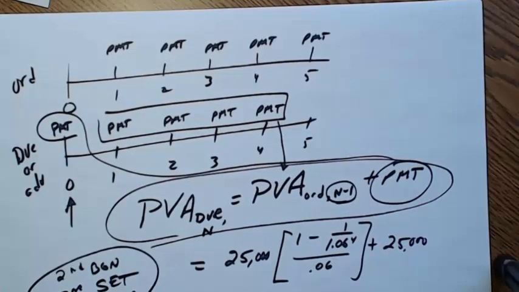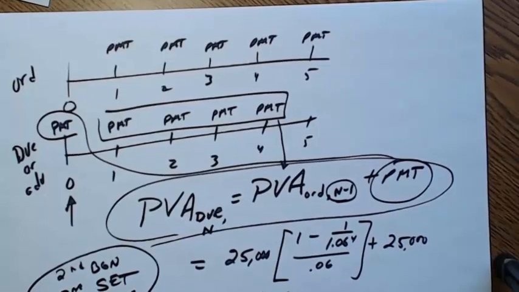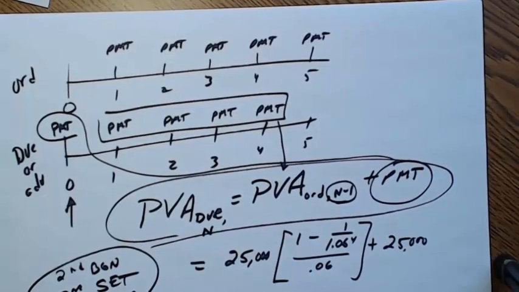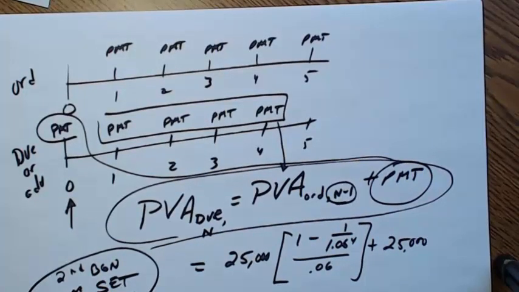Present value is what you're going to compute, so let's not do that yet. Payment is 25,000. What am I missing? Future value is 0. We have no future value, and you're going to hit compute present value, and that will pop 111,627. Okay.